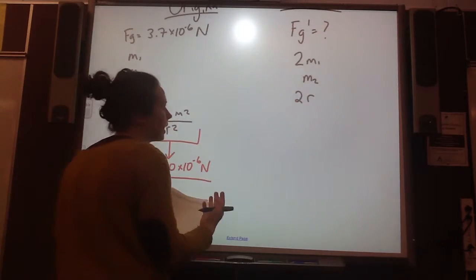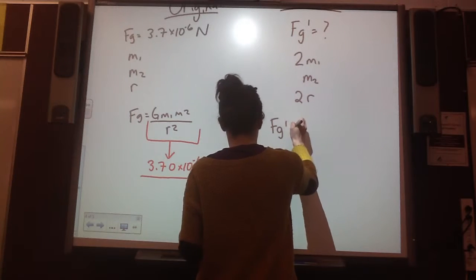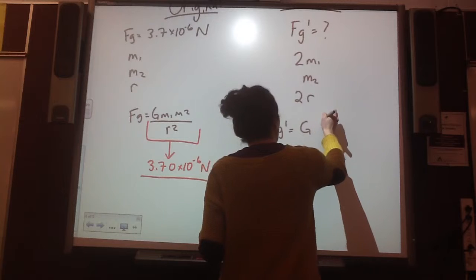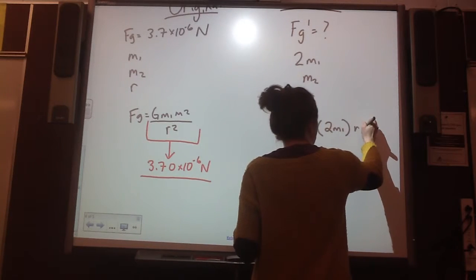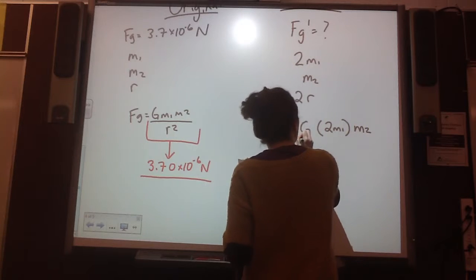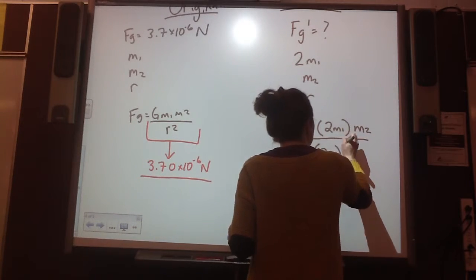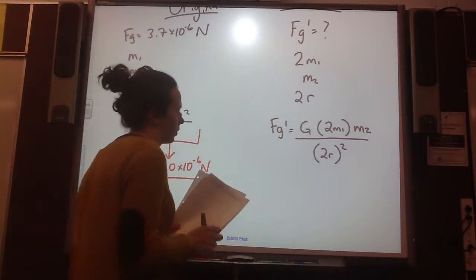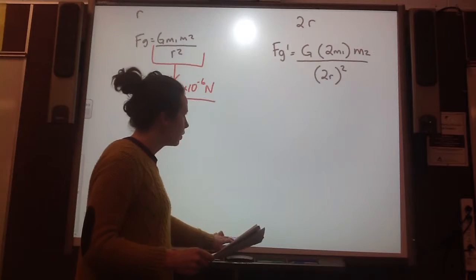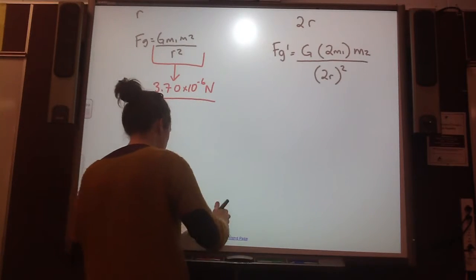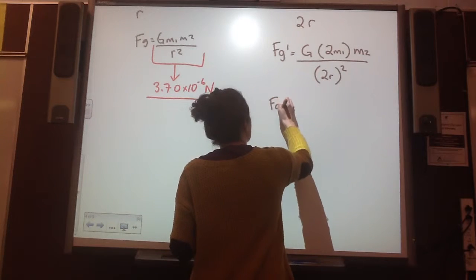Now I'm going to write this out into another formula. So Fg prime is equal to G multiplied by 2M1, which is multiplied by M2, all divided by 2R squared. Okay? Now I'm going to substitute in for my exponents. I'm going to simplify this one.